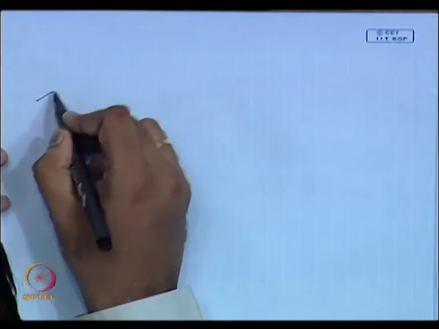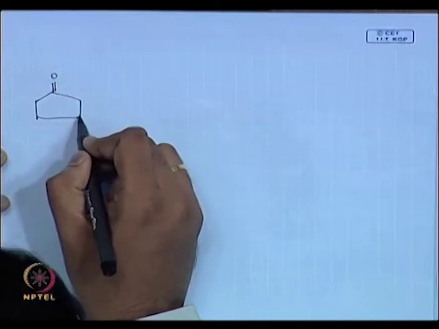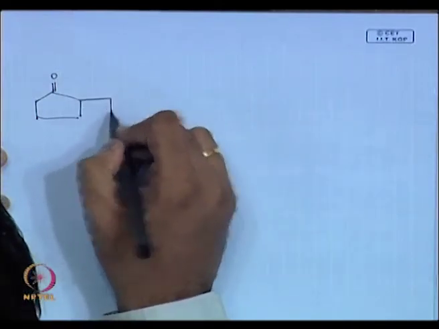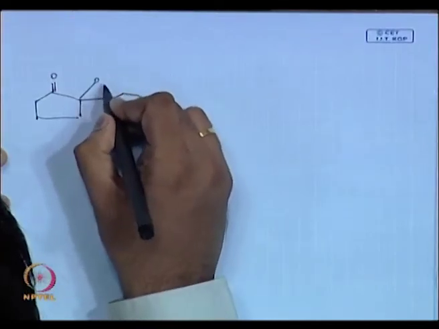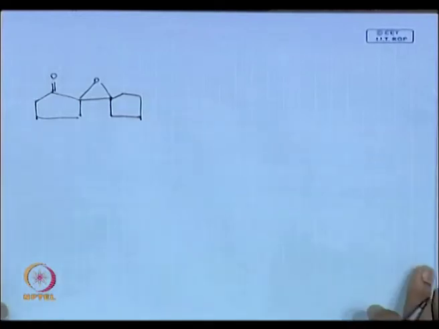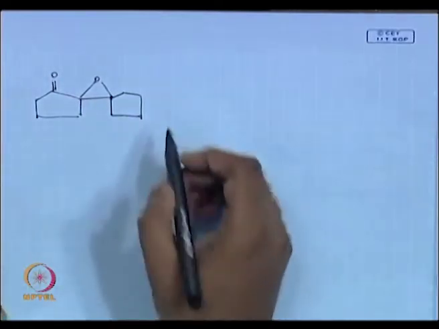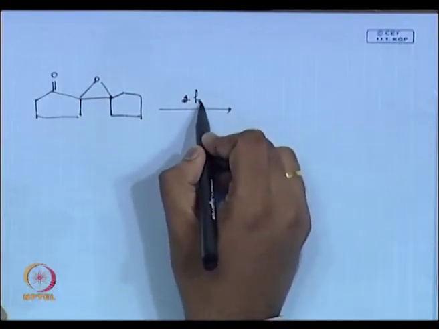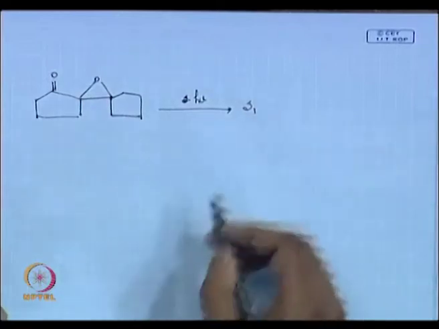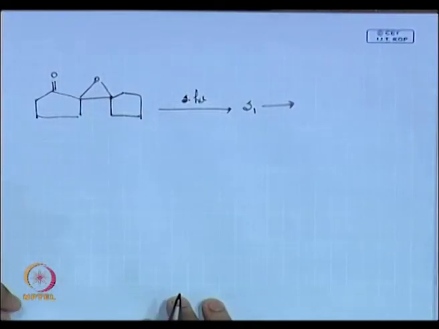Take another example. And once I shine light, I might end up with my S1, that is very clear. Then you have a chance of breaking your bond, right.